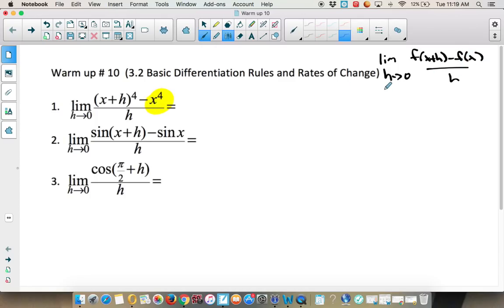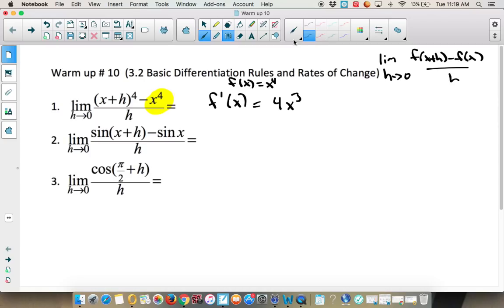If you look at where your f of x would be in this formal definition language, so really what I want is f prime of x, where f of x is x to the fourth. Well, that's going to be 4x cubed.